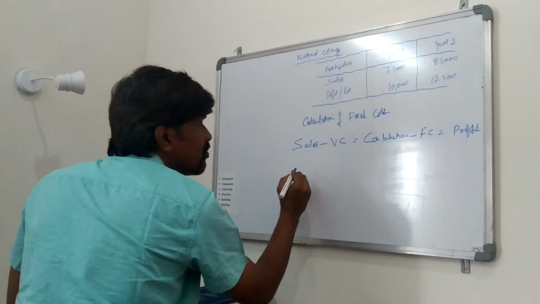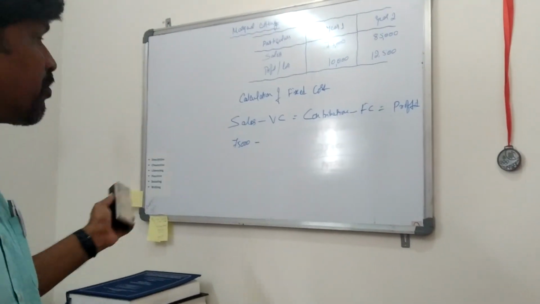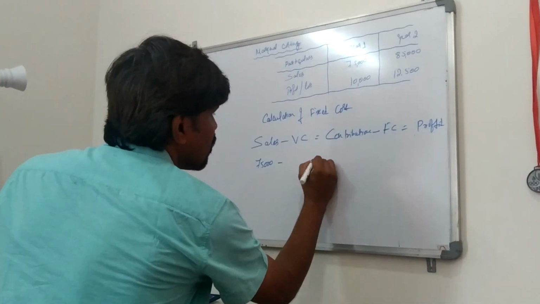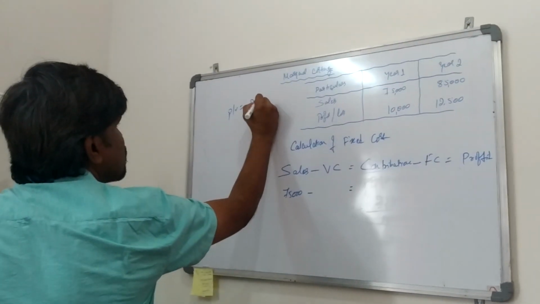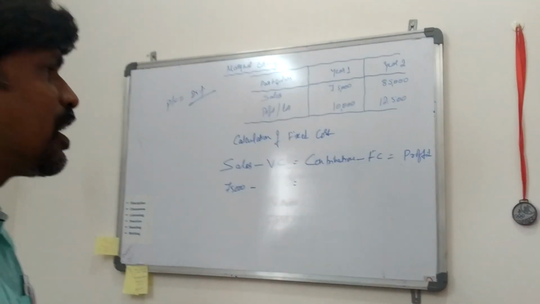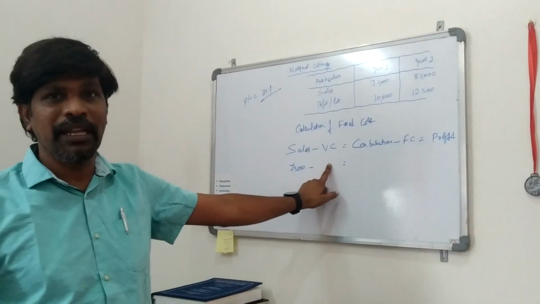We know that sales of the first year is 75,000 minus, we don't know the variable cost. The PV ratio is 25%. If the PV ratio is 25%, the remaining 75% is variable cost.